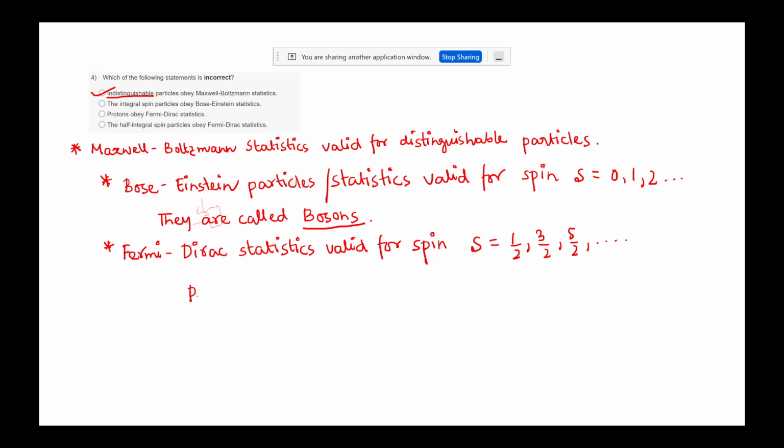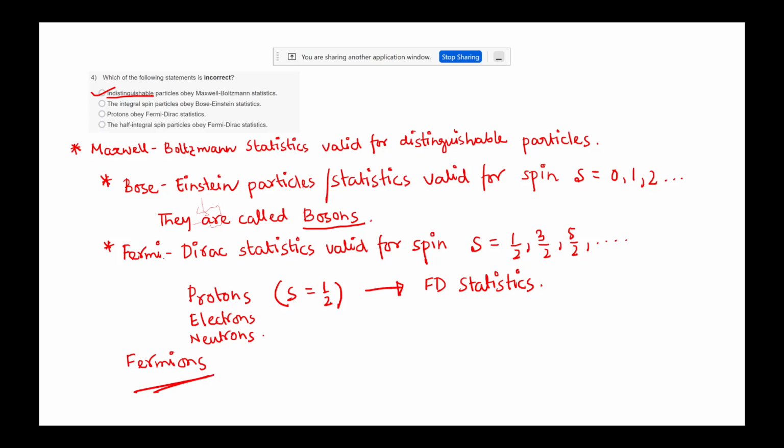Protons have spin half, so they follow Fermi-Dirac statistics, FD statistics. Protons, electrons, neutrons are called fermions.